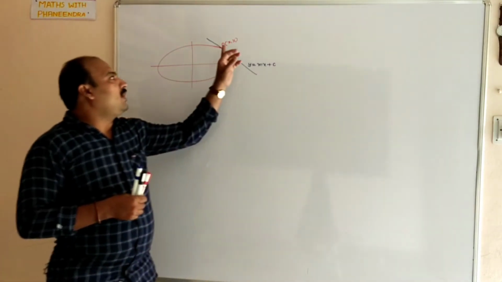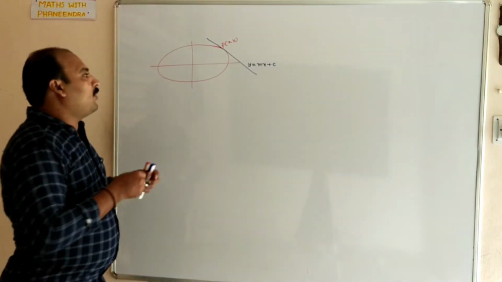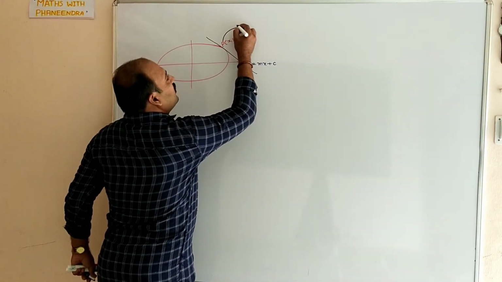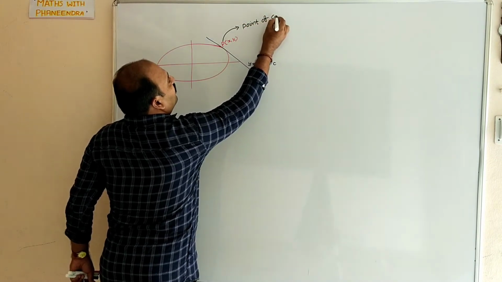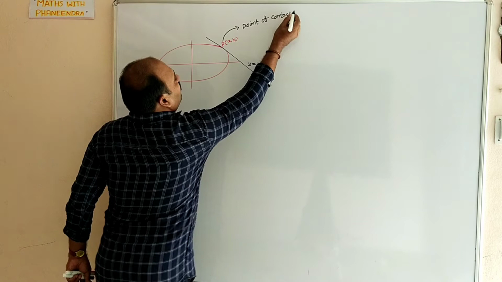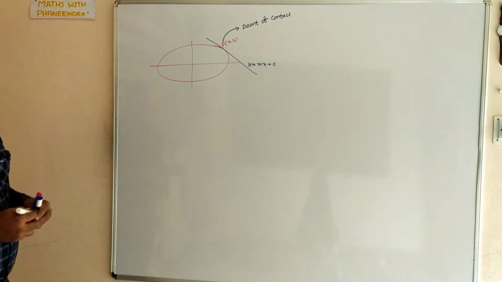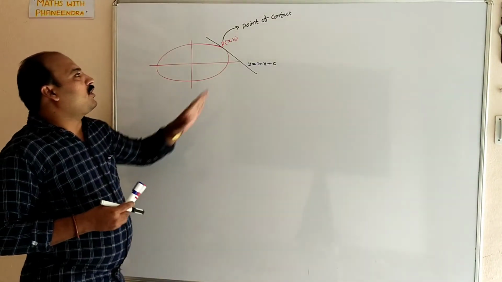Then p of x1 y1 is called the point of contact. So how to get that point of contact?